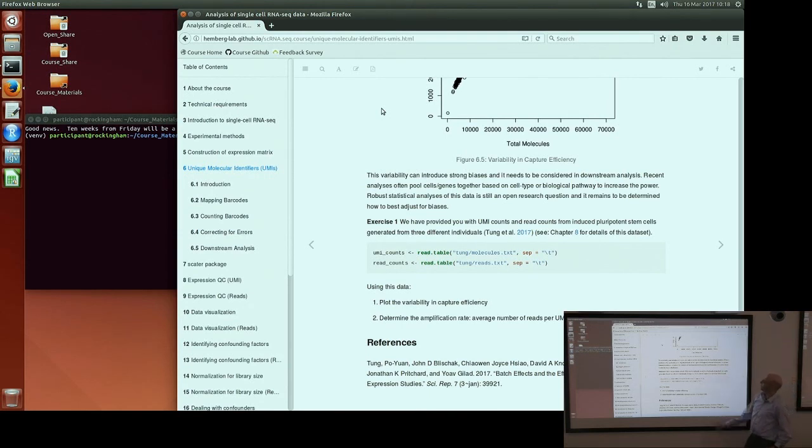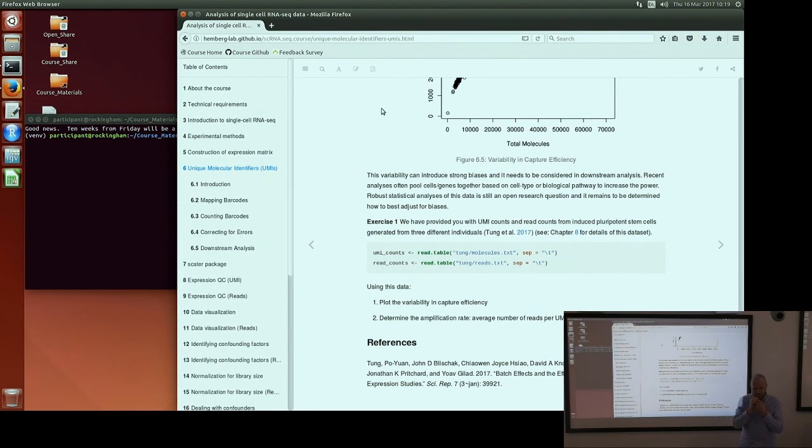Then you need to try to figure out what the capture efficiency is and what the variability is. And then you will also need to try to figure out what the amplification rate is for this data set. And I think for all of these exercises, there are answers that you can reveal in a magic way in RStudio. So do you want to explain how to go about that?